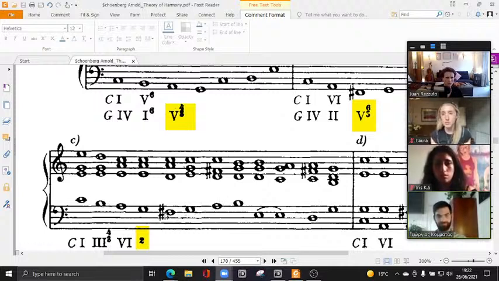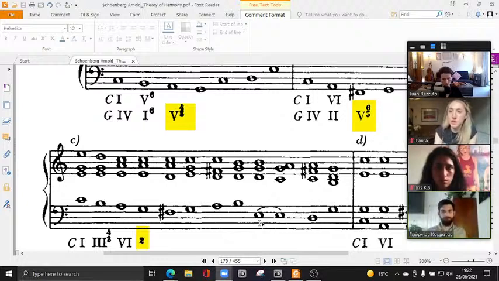Can you play this line? Can you play just the bass? Yeah. And when he needs it, yes. And stopping point.